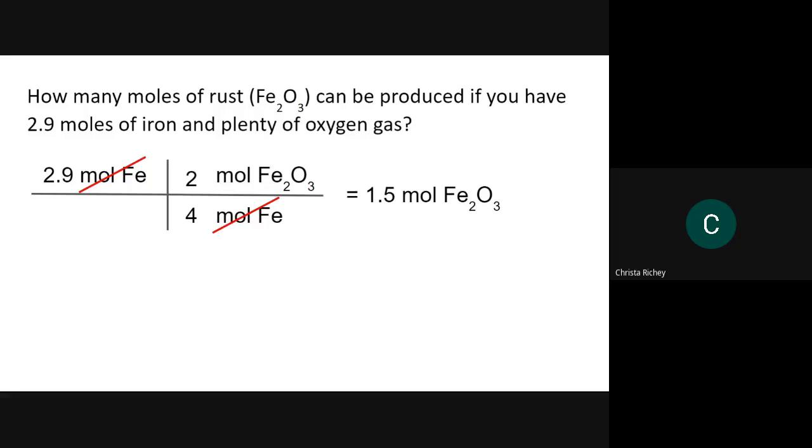The mole gets a 1 if you go between moles and grams of the same substance, moles and representative particles of the same substance, or the one that we've not done, between moles and liters of the same substance. But if you're going between moles of different compounds, these are the coefficients that are in front of the compound from the balanced equation. And if you don't have it balanced right, I don't care how well you set it up, it's wrong.